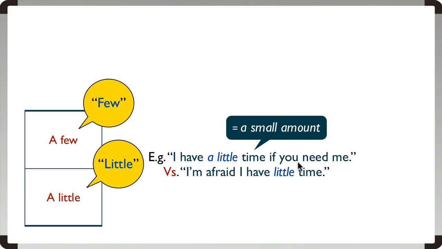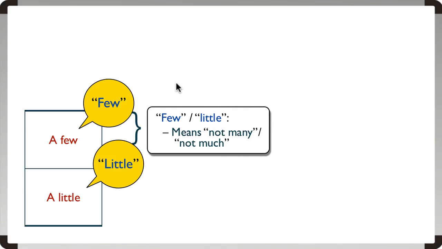It's a positive sentence. Whereas if I say, I'm afraid I have little time, the meaning is I have not much time. So it's a negative sentence. So, to summarize, when we say few and little, few means not many and little means not much.